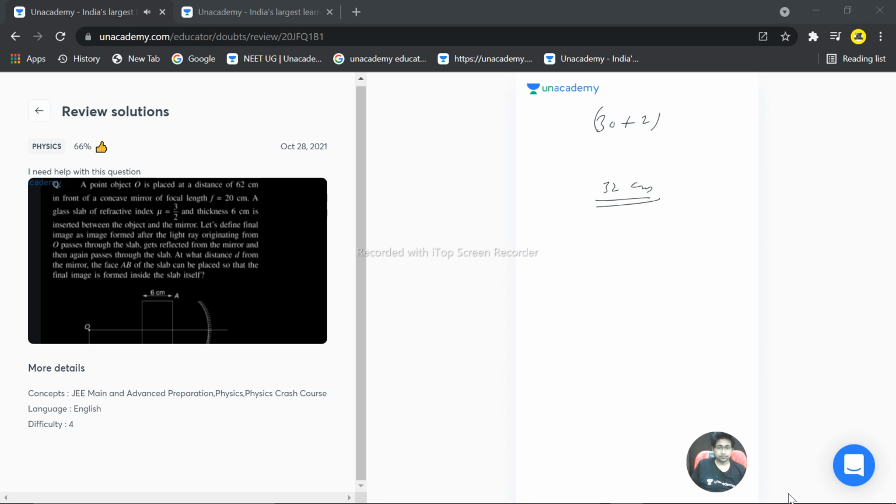If you see the figure, it is something like this: this is the mirror and this is the object, this is the slab of 6 centimeter, and from the object the ray is coming to the slab, it is refracted here, then it will pass from here and go away like this.